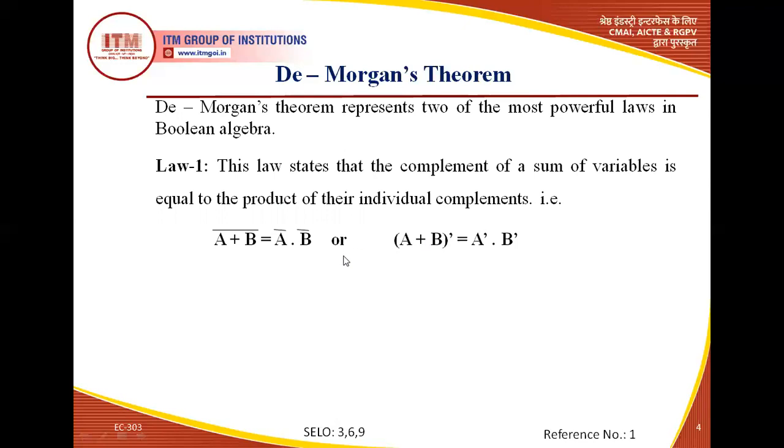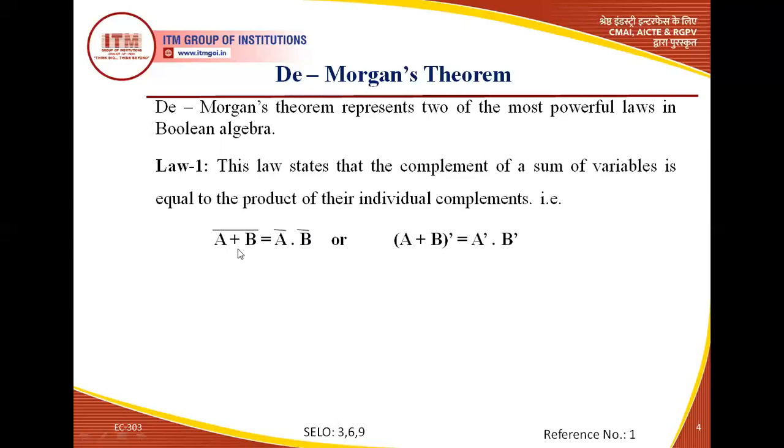That is, if we complement the sum of variables, in this example we take two variables, then (a plus b) whole bar is equal to a bar dot b bar. Bar means complement.